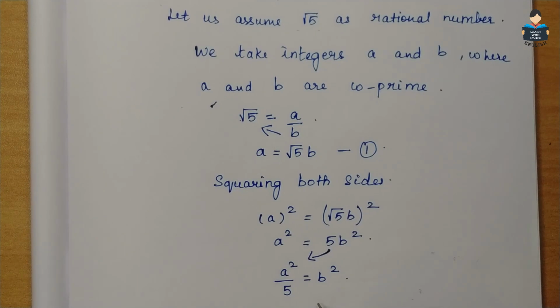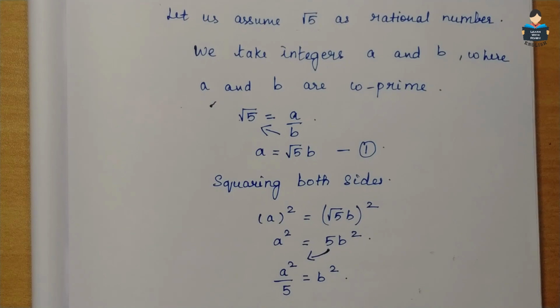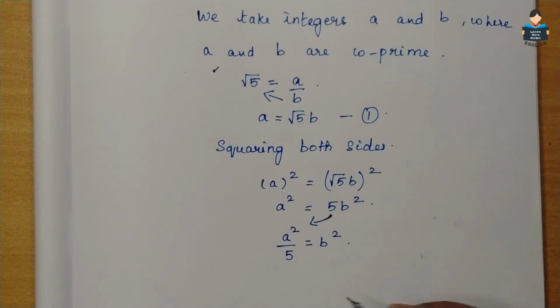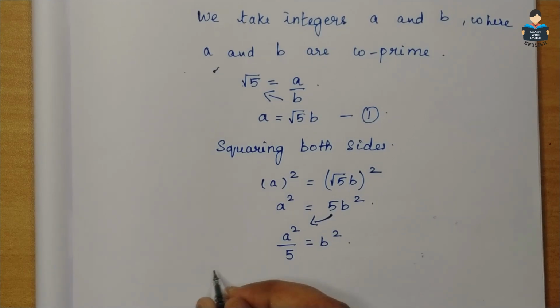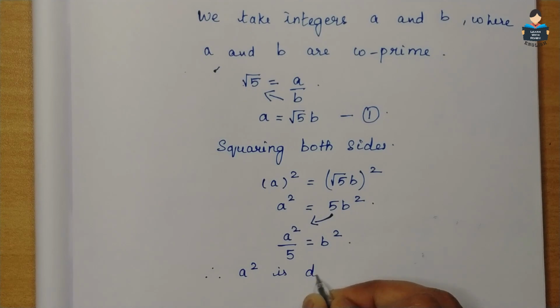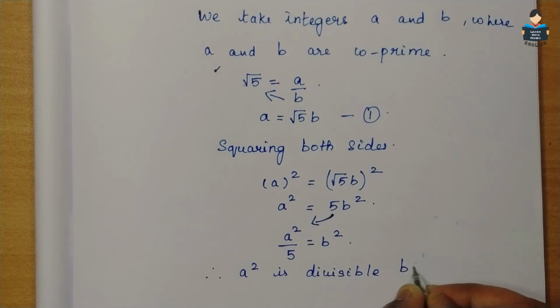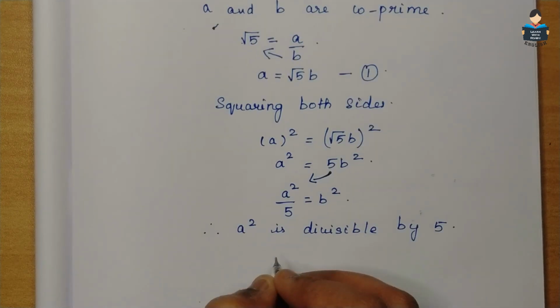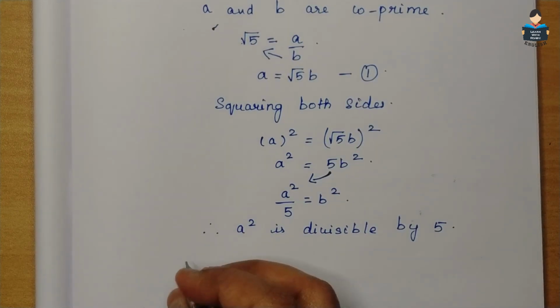So this means that A square is divisible by 5, or we can say 5 divides A square. We can say it either way.